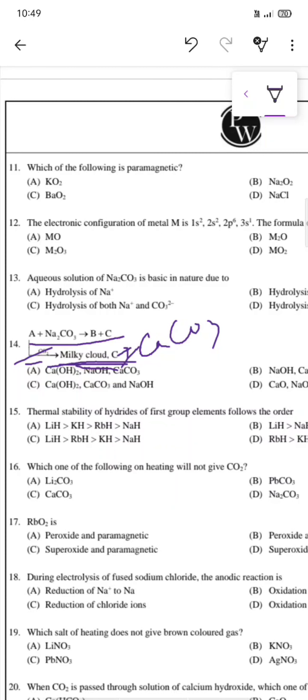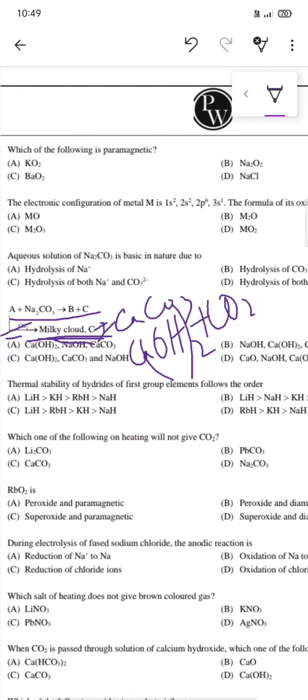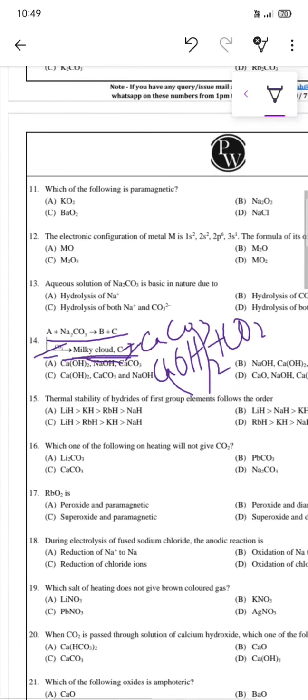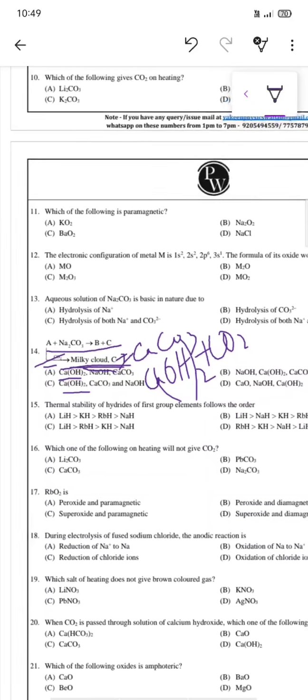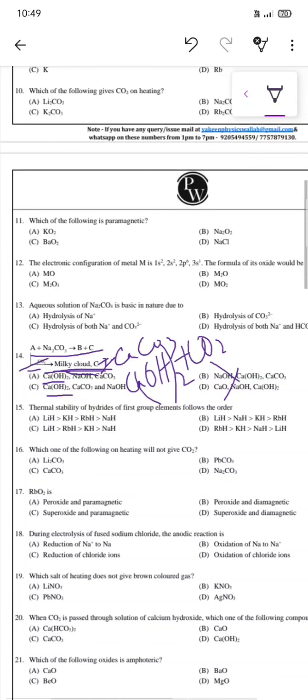Calcium hydroxide when it reacts with carbon dioxide gives calcium carbonate. So here the answer is calcium hydroxide everywhere. So these are not the answer.